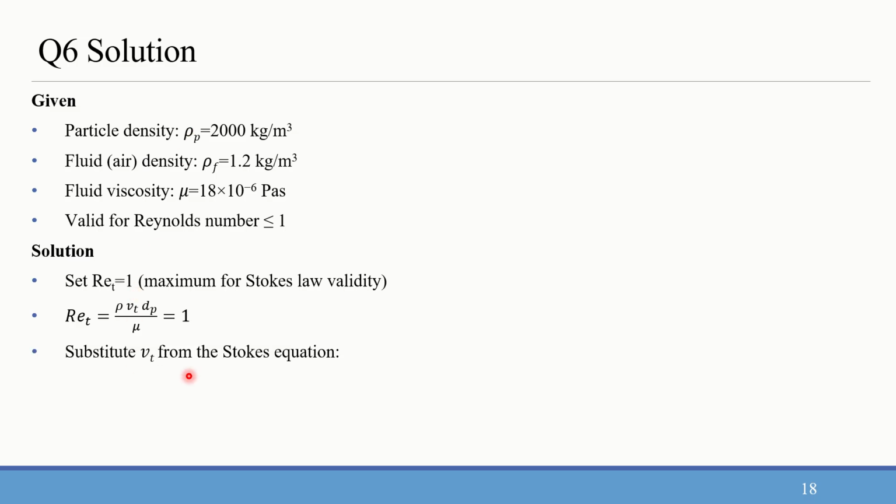Substitute Vt from the Stokes equation: Vt is equal to (rho p minus rho f) g into dp square by 18 mu. We can use this and substitute back, or both ways work and will lead to the same solution.